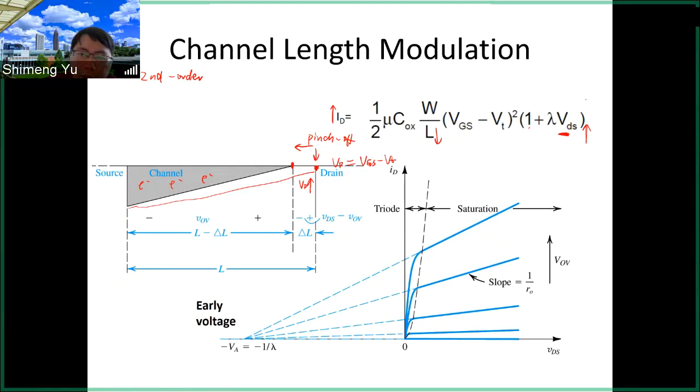Here we no longer change the L, because if you only consider the source to the drain distance L, we don't change that. Equivalently, we think the current will increase with the VDS with this coefficient lambda. And this can accurately describe the ID-VD plot in this region.